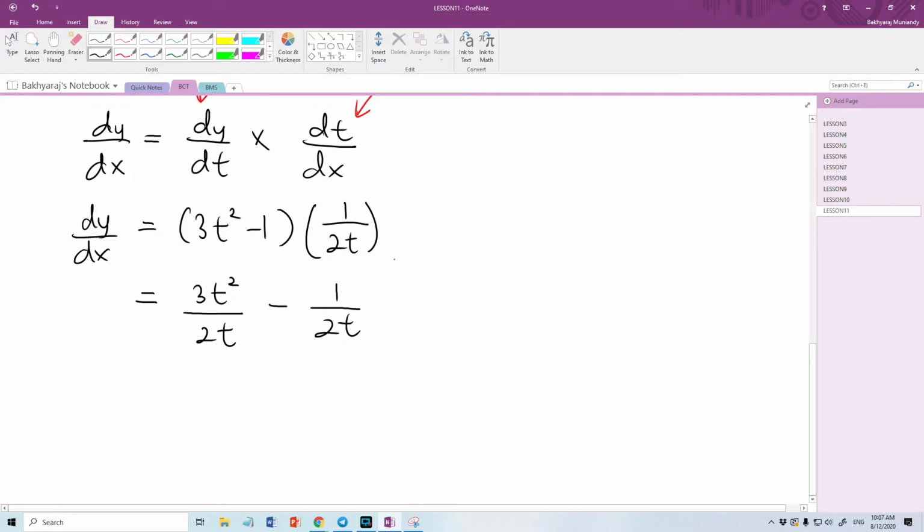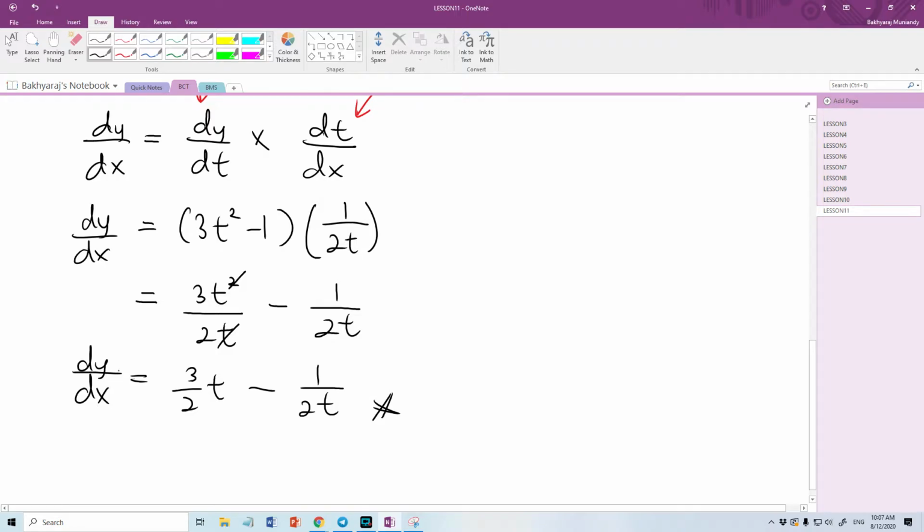Once you want to go for the second order, you need the simplified equation, so it is easy to do the second order. Simplify this: cancel the t and you get 3 over 2t minus 1 over 2t. So this is the last answer for dy dx.